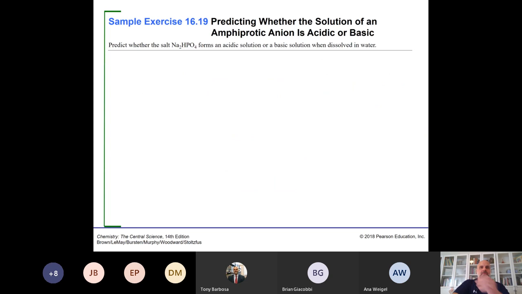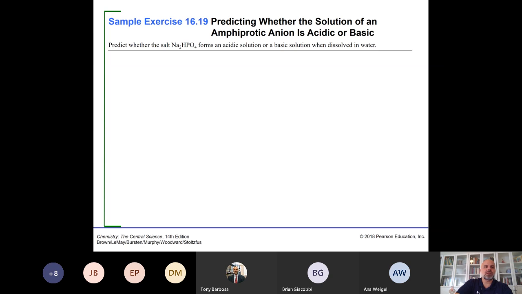The next problem, sample problem. So we're gonna take it up a notch. The last example was pretty straightforward, acidic, basic, or neutral. Now what happens when we have a compound that's an amphiprotic anion? An amphiprotic anion means it can act as either an acid or a base.